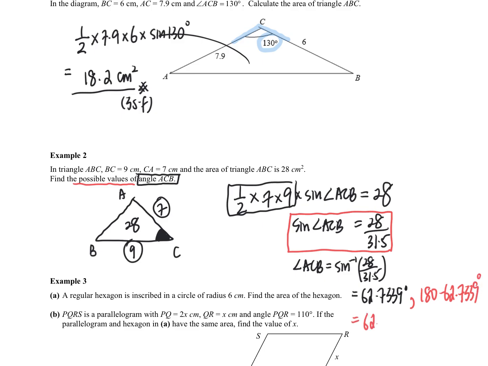One is 62.7, the other one is 117.3, both 1 dp. We can assume the shape looks like that, but the shape could also look like this. It could be an acute angle or an obtuse angle.